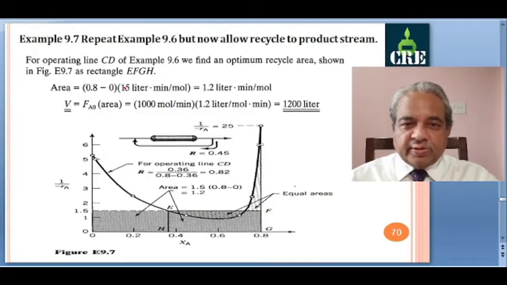Example 9.7. So repeat example 9.6. Now allow the recycle to the product stream. Now you can see this recycle ratio with this is the same plot. Okay, same optimum plot as shown earlier.